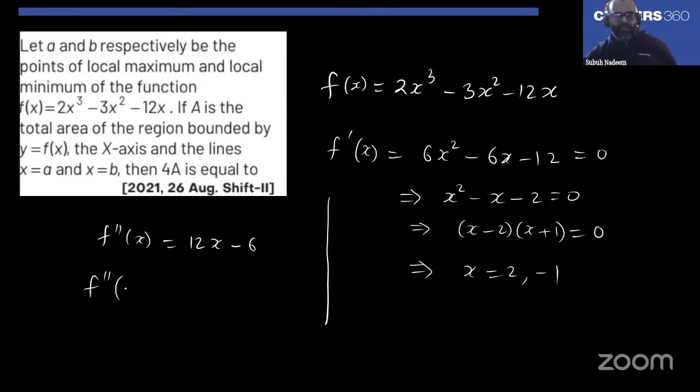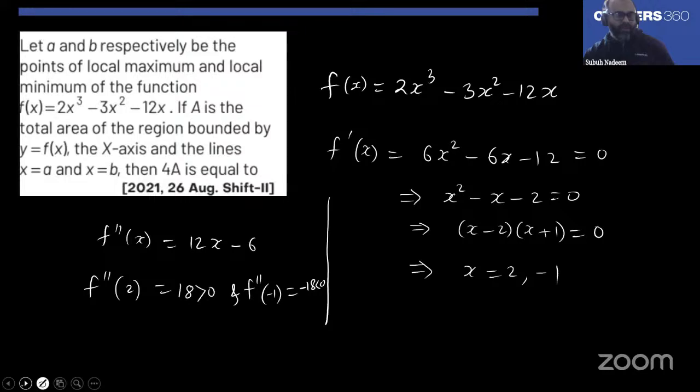If we find f double dash 2, it will become 24 minus 6, that is 18, which is positive. And f double dash minus 1 is equal to minus 12 minus 6, minus 18, which is negative. So what it means is that 2 is the point of minima and minus 1 is the point of maxima.